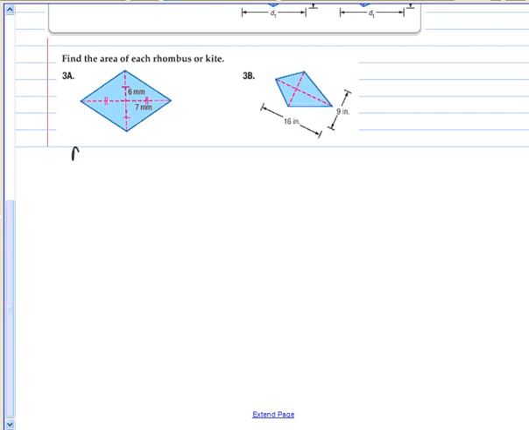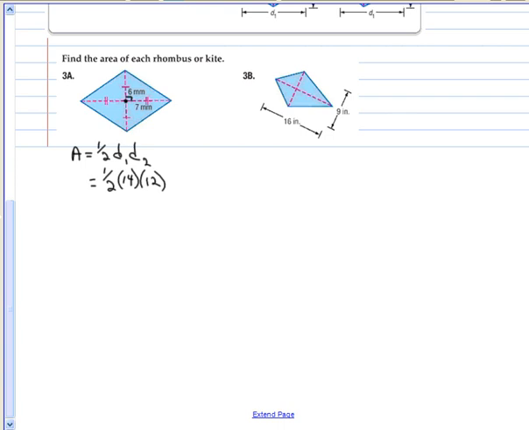Find the area. Area equals 1/2 diagonal 1 times diagonal 2. So 1/2 times 14 times 12. Why are we using 14 and 12 instead of 7 and 6? Some things to remember about a rhombus. These diagonals not only are perpendicular, but they also bisect each other, which they even wrote up here.